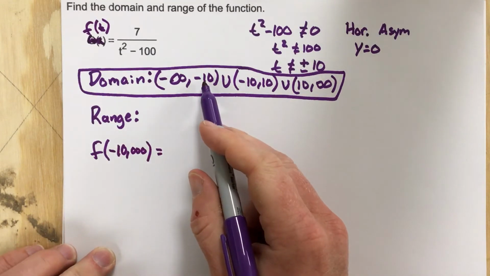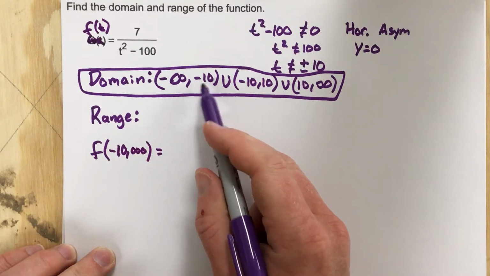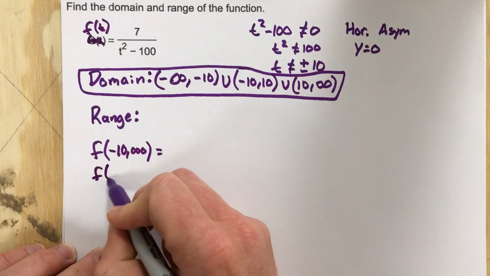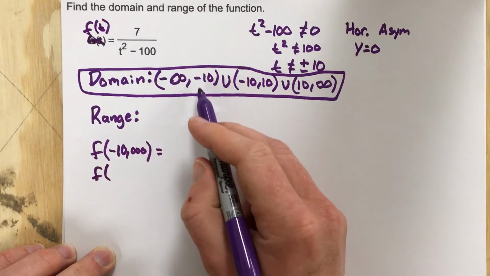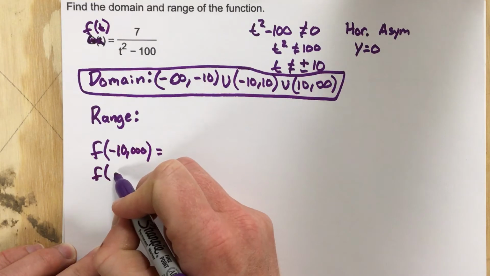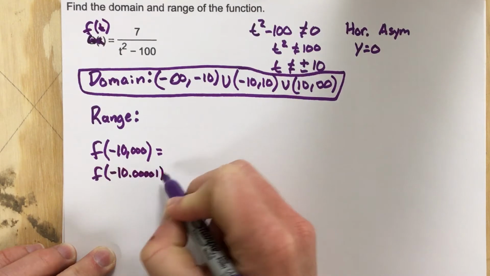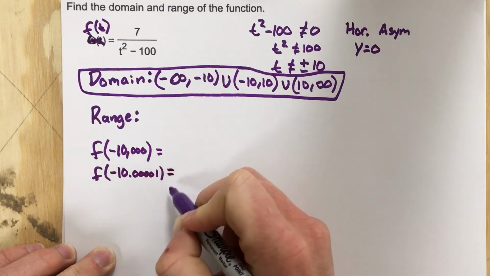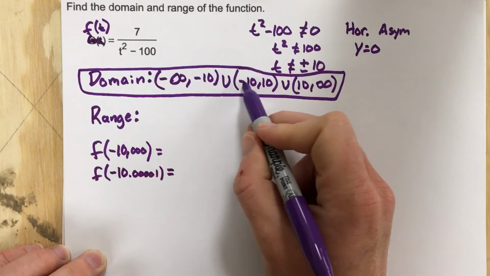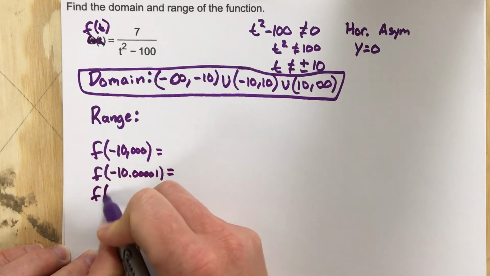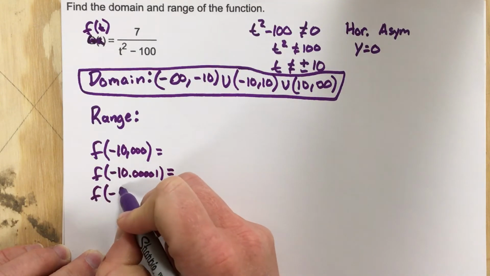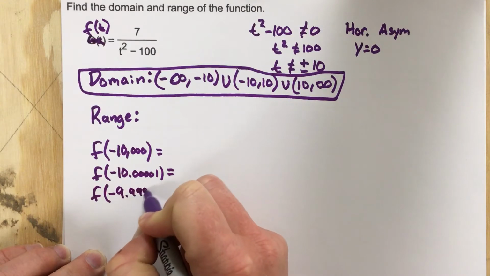I'm also going to plug in numbers that get close to negative 10. I'll approach it from the left side, so f of negative 10.00001, really close to negative 10 but coming from the left. Then something close to negative 10 but coming from the right, like negative 9.99999.